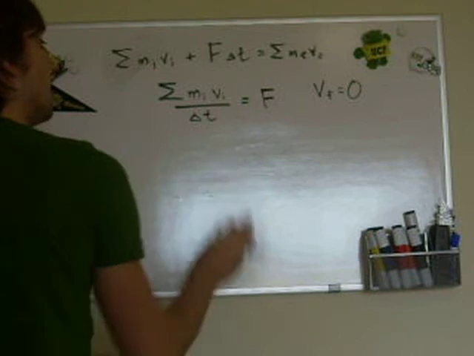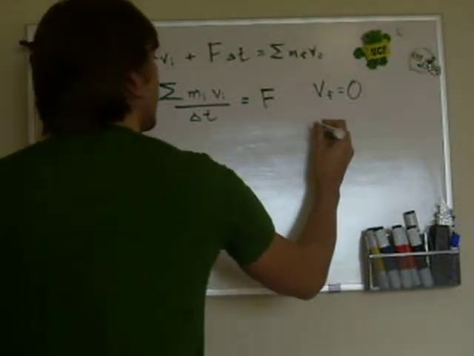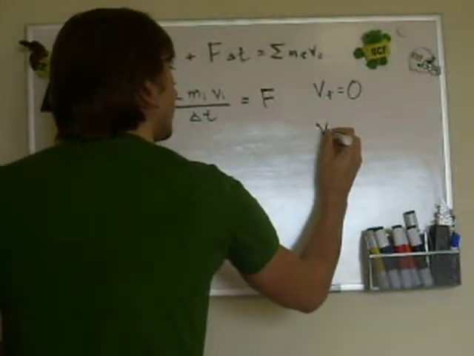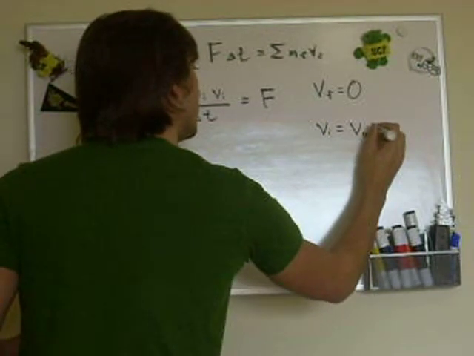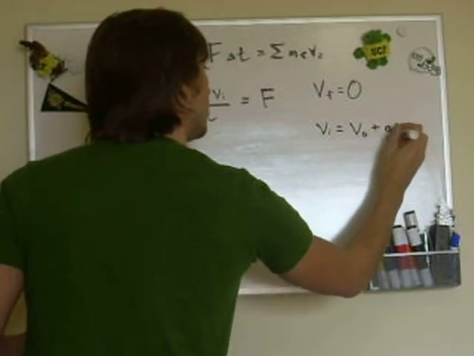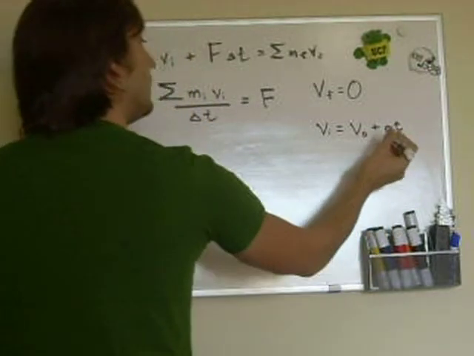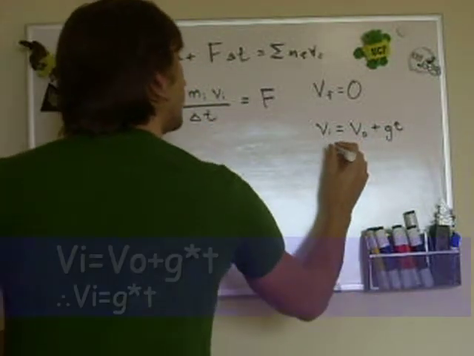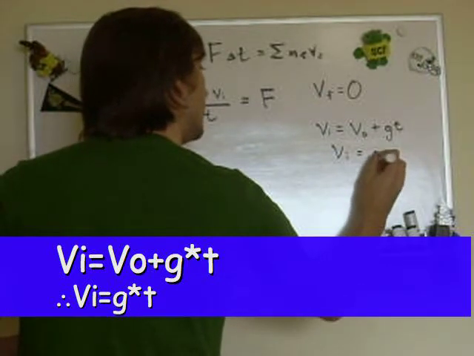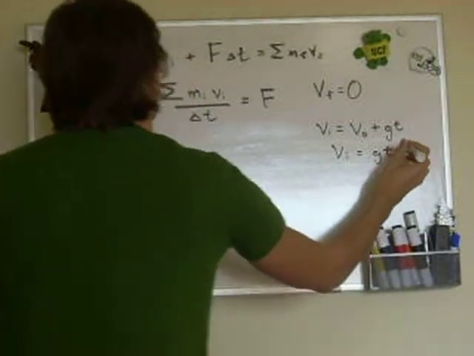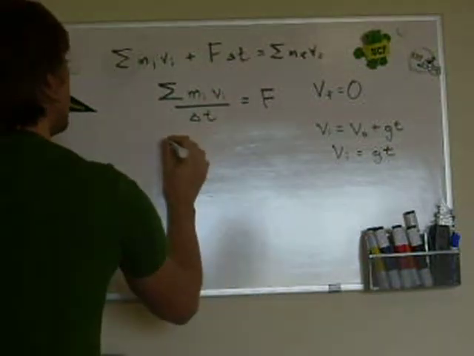We have to find out what the initial velocity is. We can use simple kinematics. V is equal to V naught plus g times t. Since V naught is 0, V is equal to gt. From here, we substitute it into the equation.